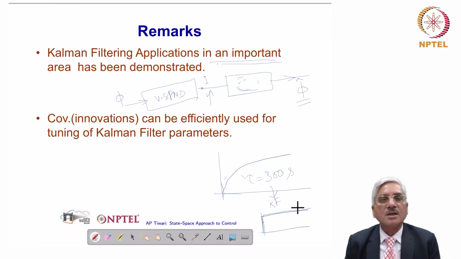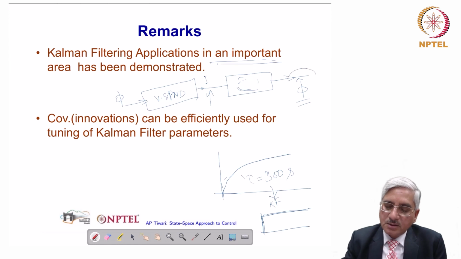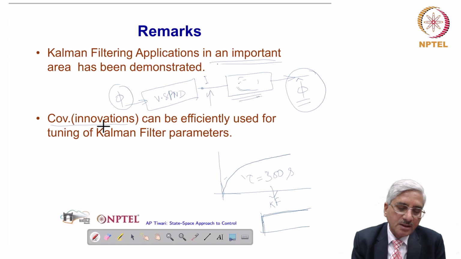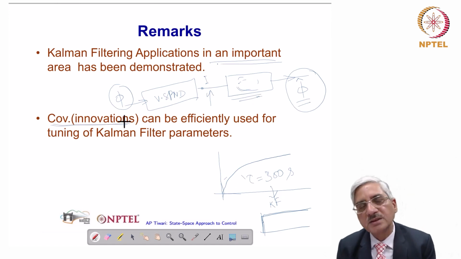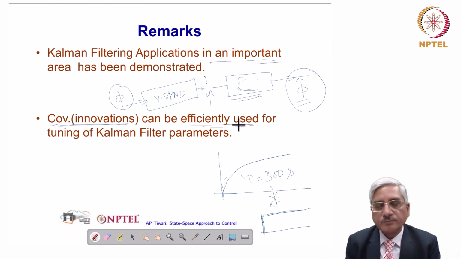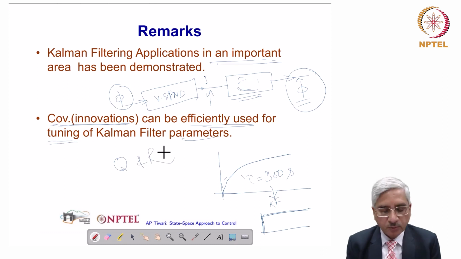And that is the success of the application of Kalman filtering, that this is close to the actual variation. One requires to do processing as per the Kalman filter. And as was demonstrated, the covariance of either the innovations or the output is a very nice parameter to be looked at to tune the Kalman filter parameters Q and R, which was done.